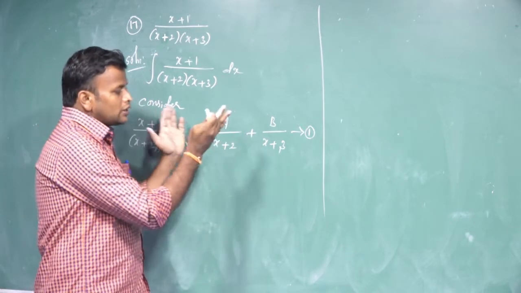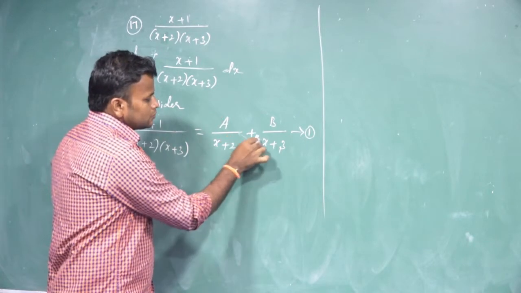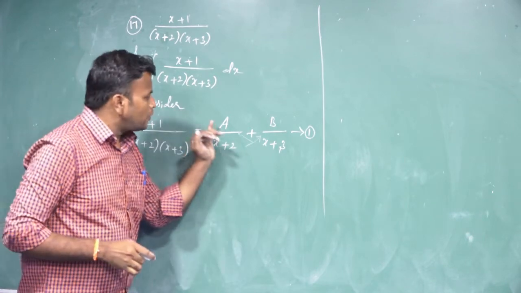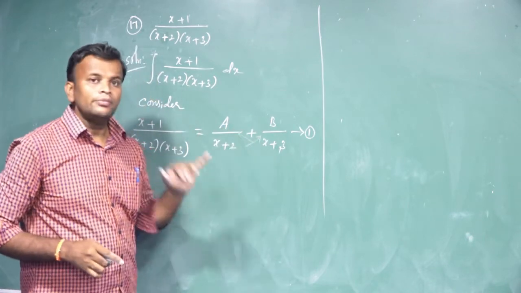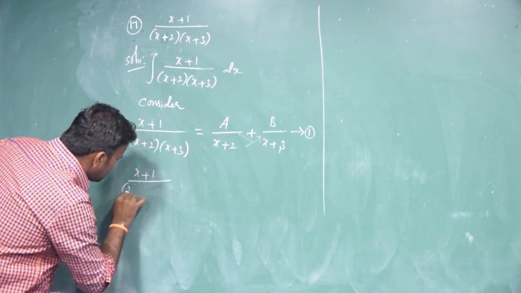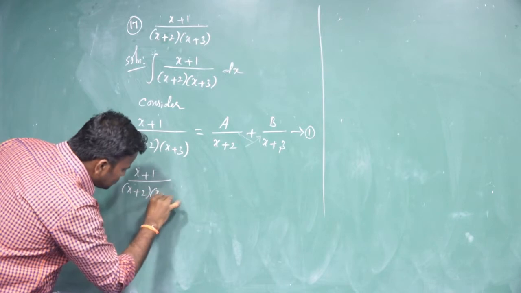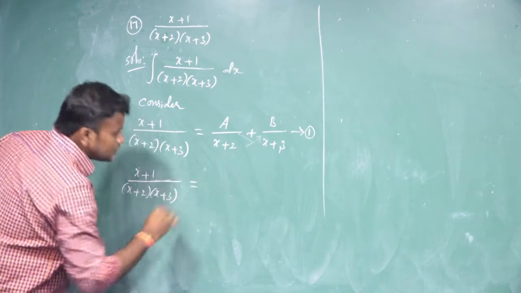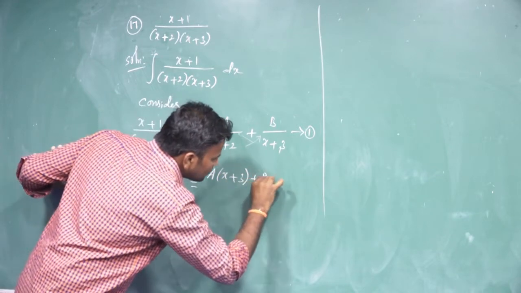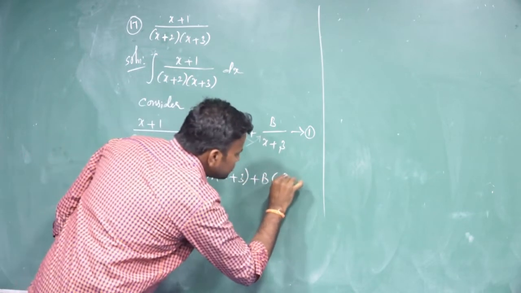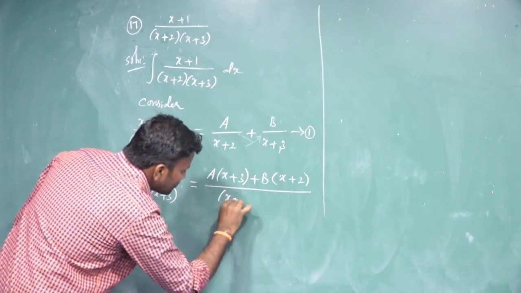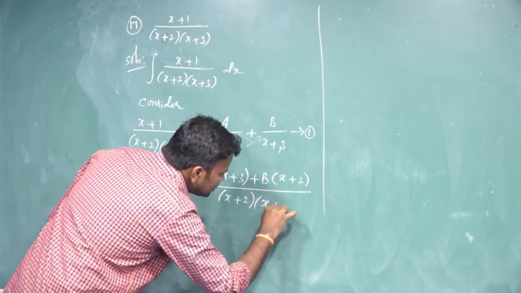So to make it a single term, we cross multiply. All this process is done to find the values of these unknown constants A and B. So x plus 1 divided by x plus 2 into x plus 3 is equal to A of x plus 3 plus B of x plus 2, whole divided by x plus 2 into x plus 3.